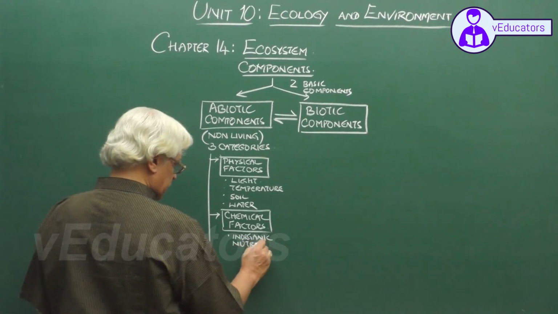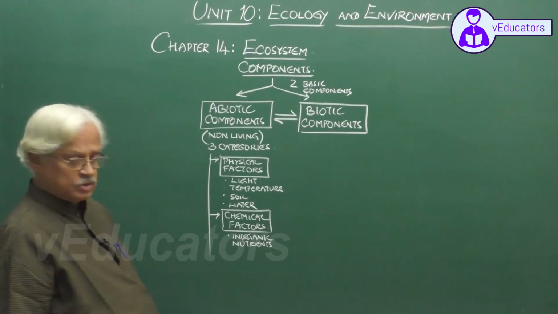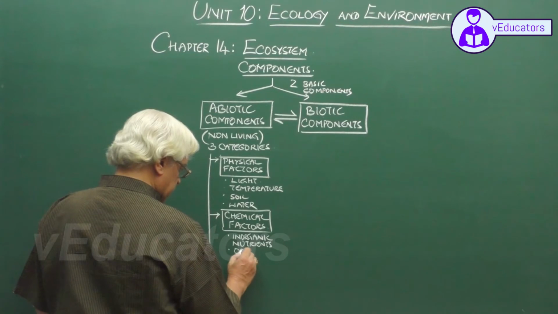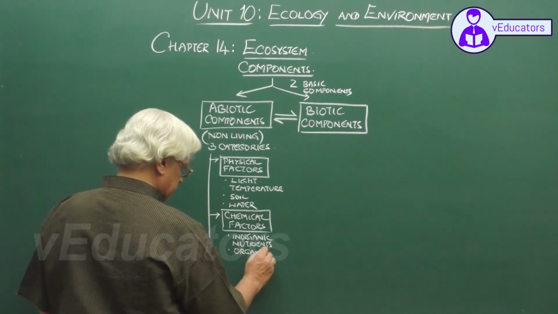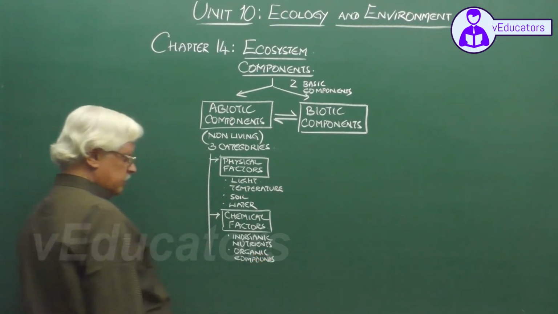Take for example carbon dioxide, required by all plants for manufacturing food. The organic substances put together represent the chemical factors.